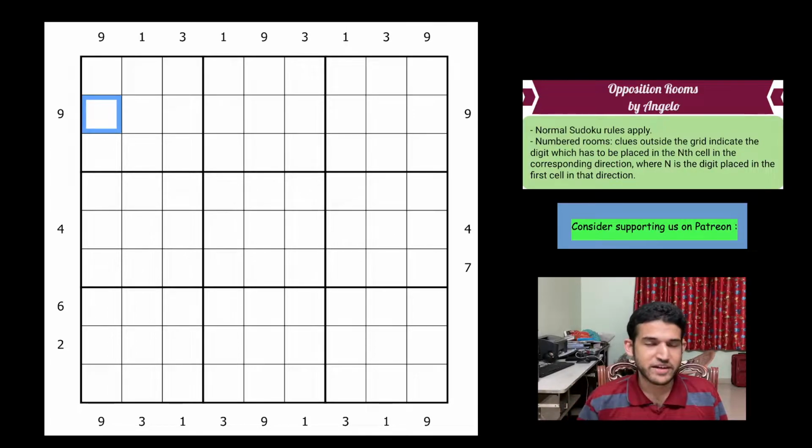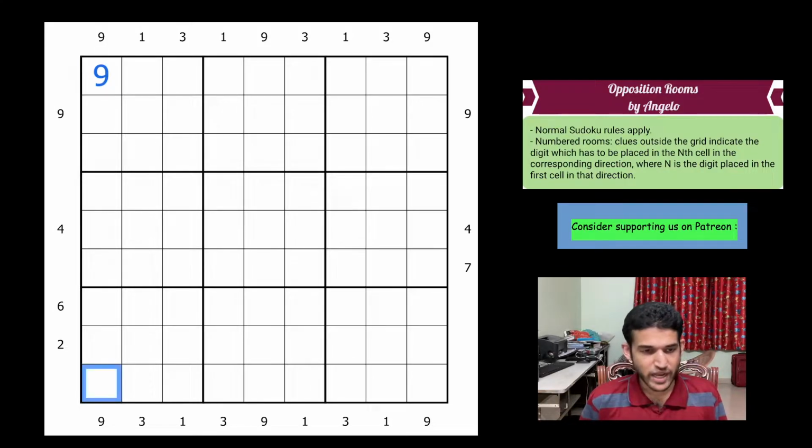Really interesting variant. So let's give it a start now. The important trick to solve the Sudoku is when you have a clue outside, you cannot have that as the starting digit. The reason is, let's say you have a 9 here and you place 9 as the first digit, which means that this cell, row 1, column 1, defines where the 9 goes in that column.